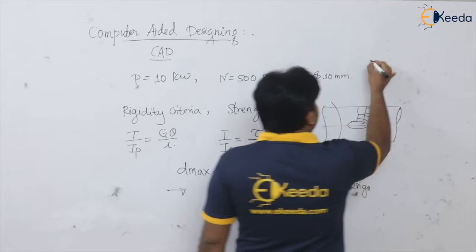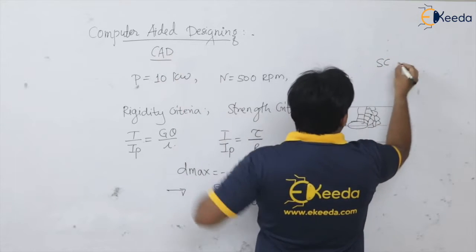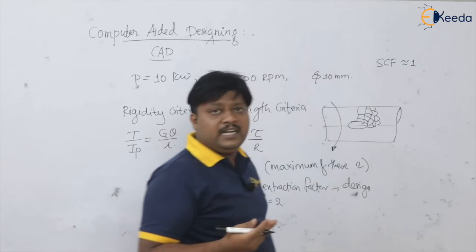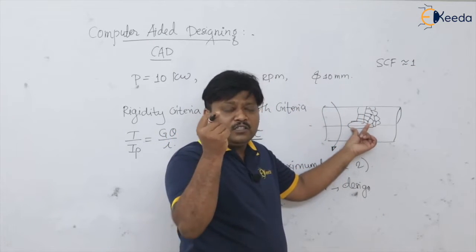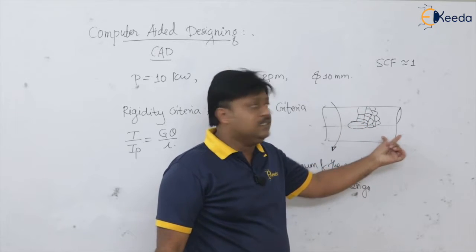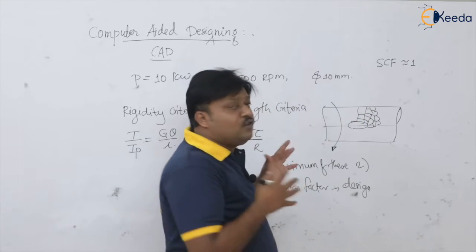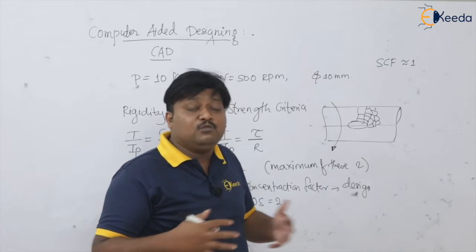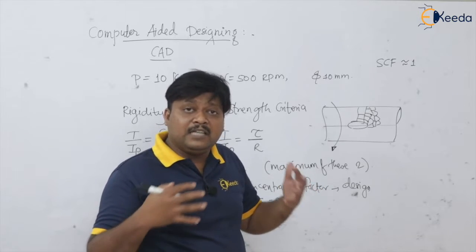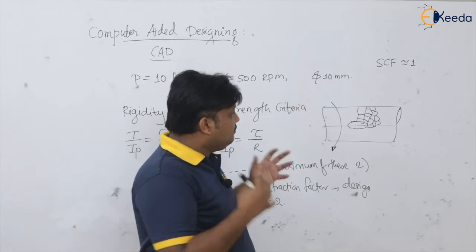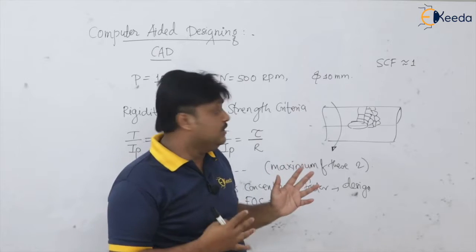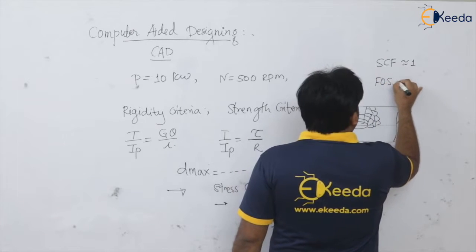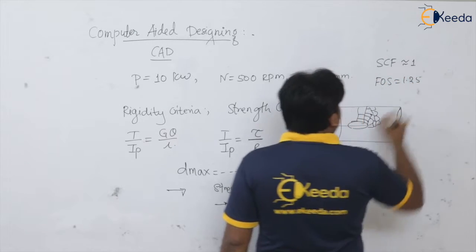How much? Generally in designing with CAD, the stress concentration factor is equal to 1. We need not consider it because of the smaller cross sections that we have considered for the analysis. And because of this computer aided designing, we are dividing this body into a finite number of elements and doing the analysis with the finite element method. We know this, so the factor of safety has also come down to 1.25.